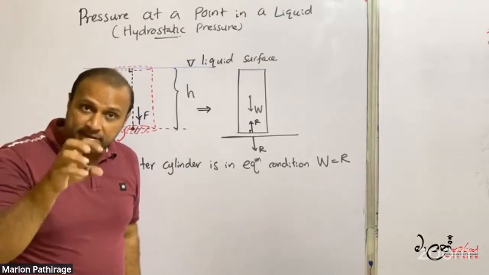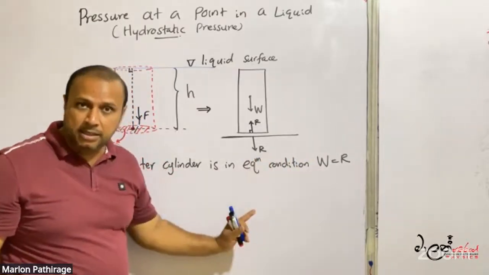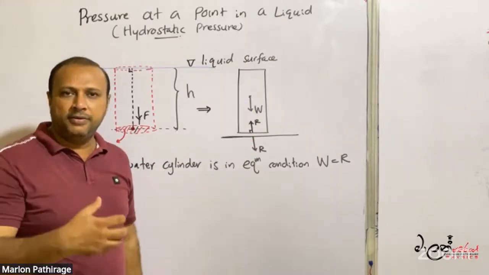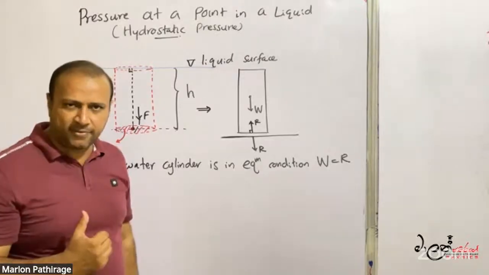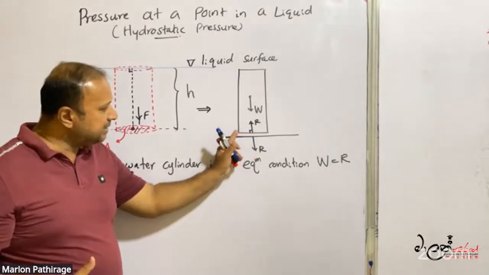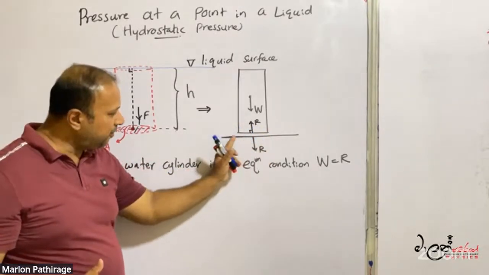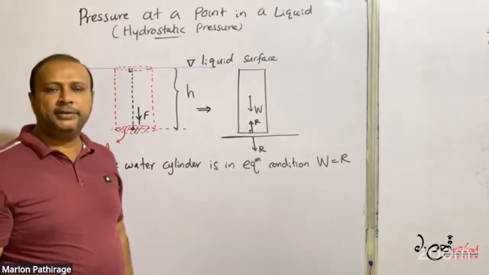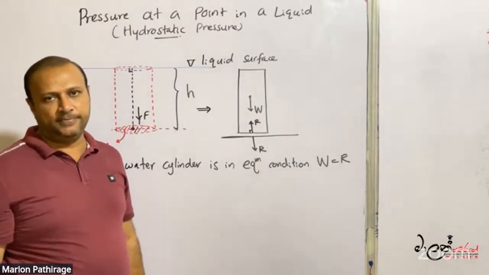Now this water column is in equilibrium condition. Therefore, this reaction force is equal to the weight. Therefore, the force exerted on the surface is equal to the weight of the water cylinder.